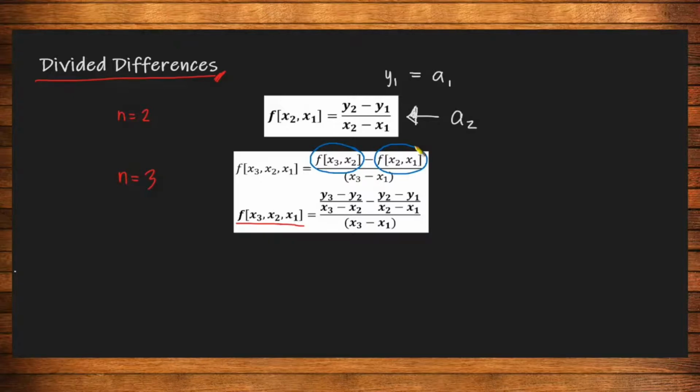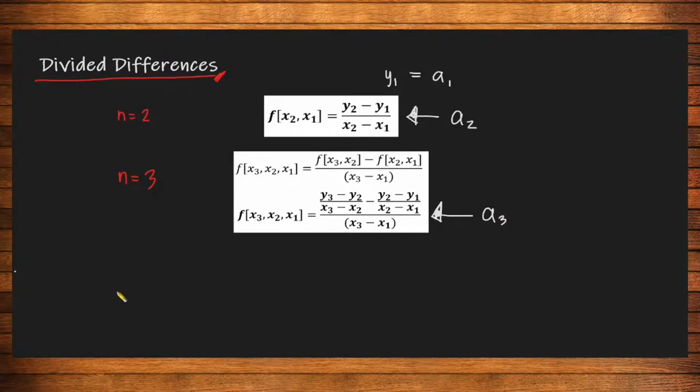So, yung first divided difference f x sub 3, x sub 2 natin, that will simply be equal to, so sa numerator, y sub 3 minus y sub 2, and then that will be divided by x sub 3 minus x sub 2. And then yung first divided difference f x sub 2, x sub 1 naman natin, so same lang yan doon sa taas, no? And then again, this will all be divided by x sub 3 minus x sub 1. Now, this second divided difference is actually the value of our third coefficient a sub 3.